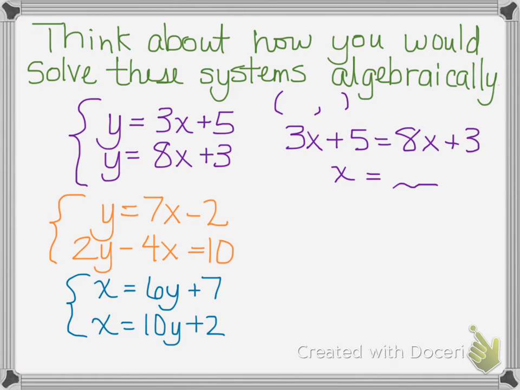So what would that look like? That would look like this. I'm going to rewrite this second equation, 2 times y minus 4x equals 10. And instead of putting y in there this time, I'm going to put 7x minus 2, because that's another expression for y in my system.